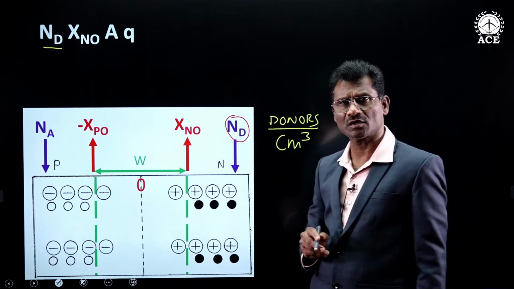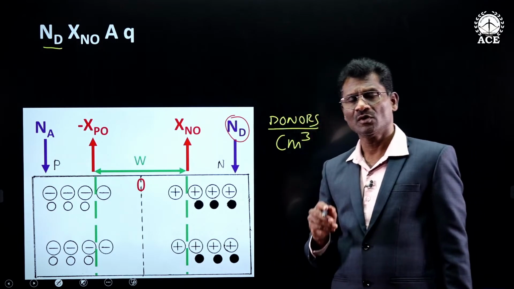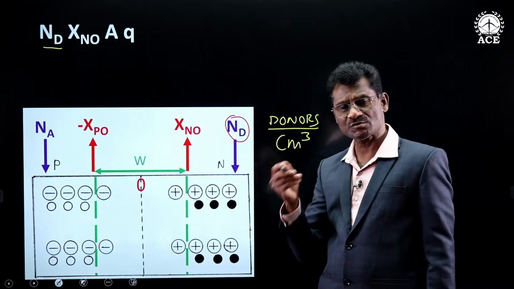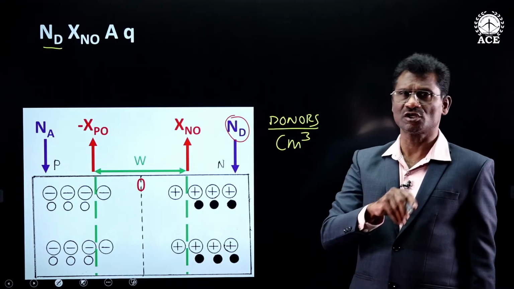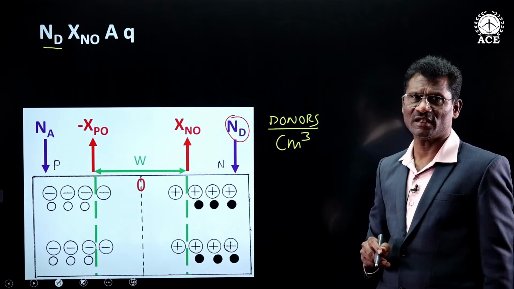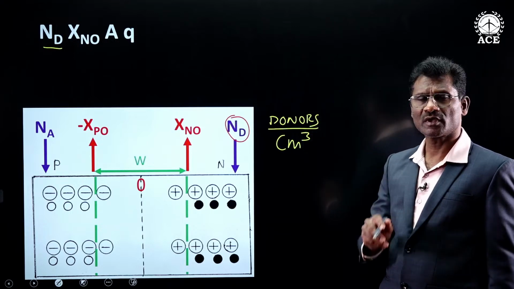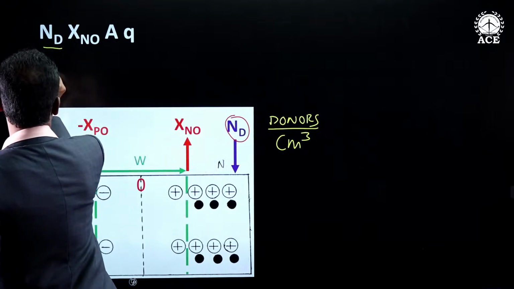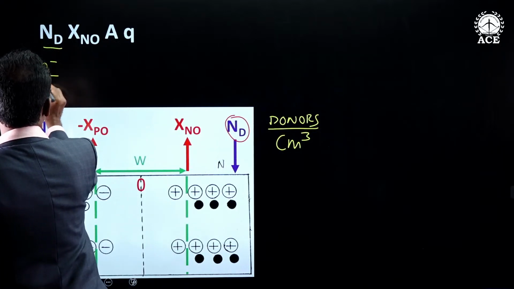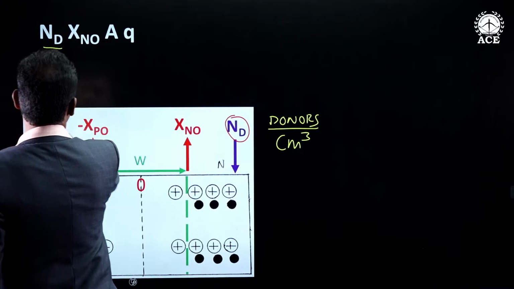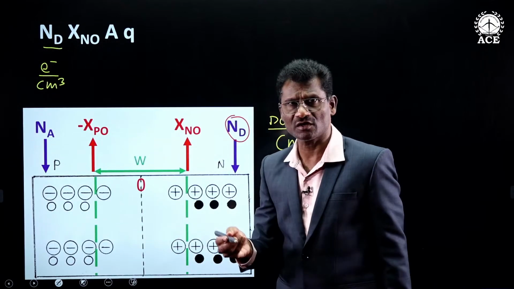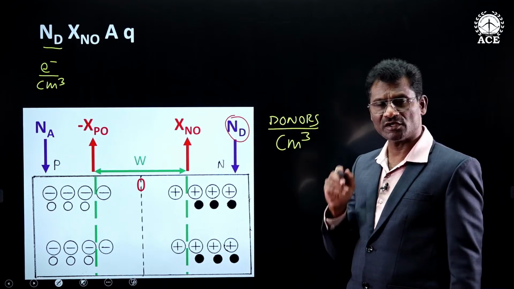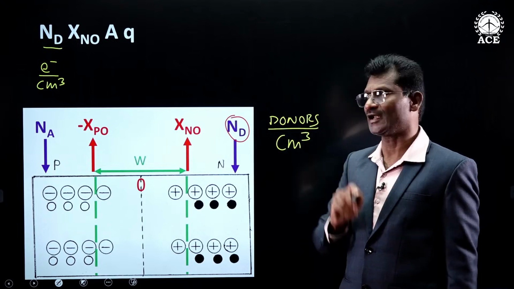A pentavalent atom will have one excess electron. It has a total of 5 electrons. With respect to silicon atom or germanium atom, it has one excess electron. So each donor atom can give you one excess electron. So ND I can write as excess electrons per centimeter cube. Actually each donor equals 1 excess electron.